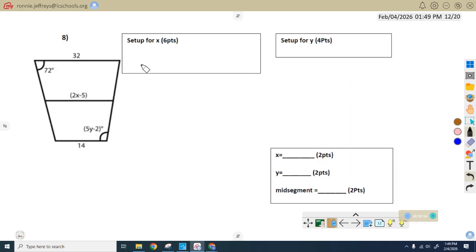All right. Equals 32 plus 14 over 2. All right, so this would be 2x minus 5 equals, let's see, that's 30, that's 23.